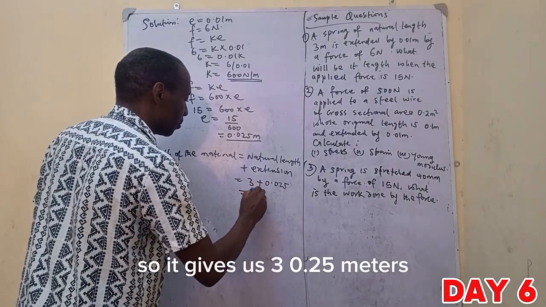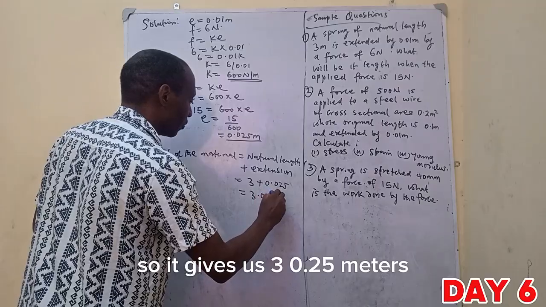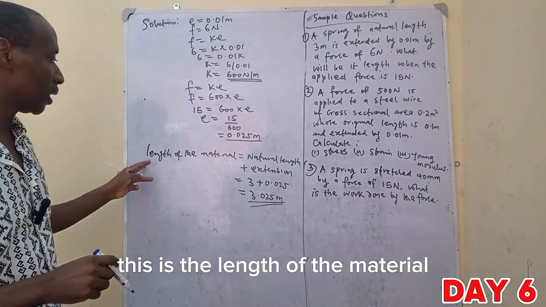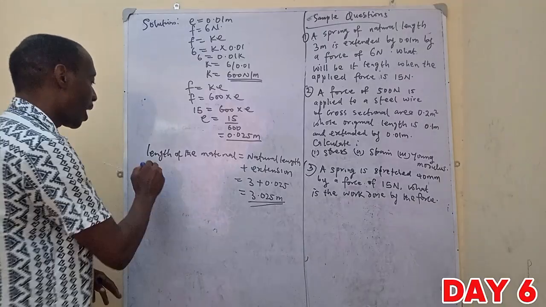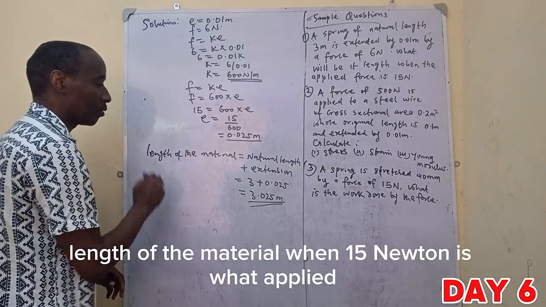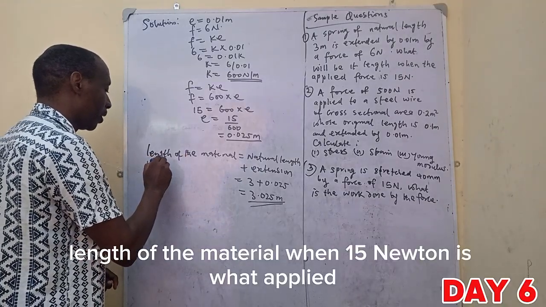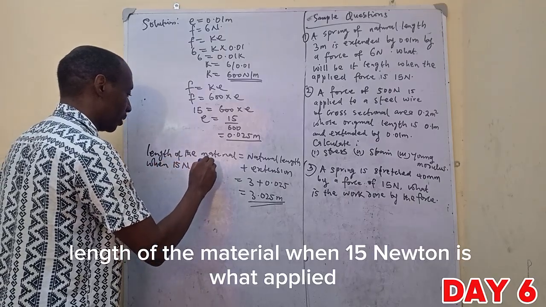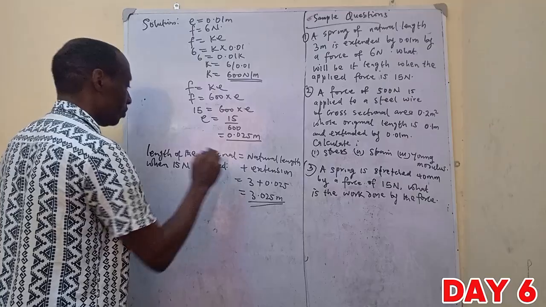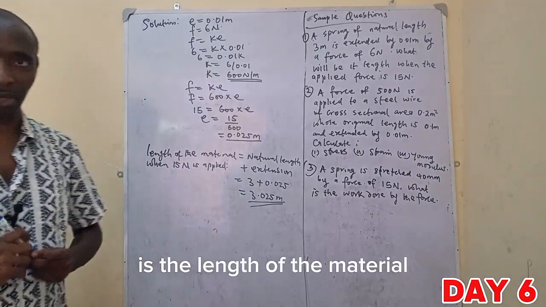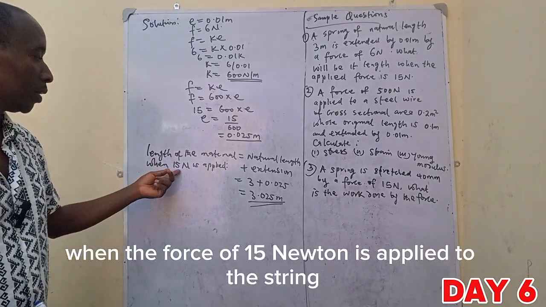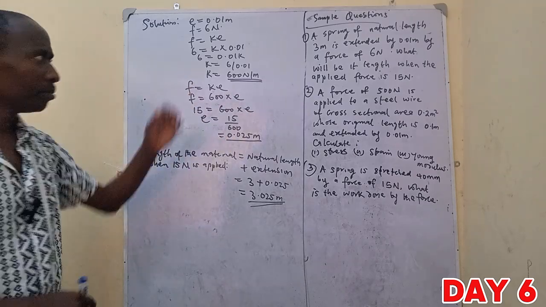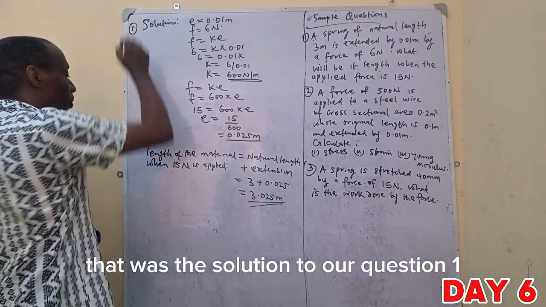So it gives us 3.025 meters. This is the length of the material when the force of 15 Newton is applied to the spring. That was the solution to our question 1.